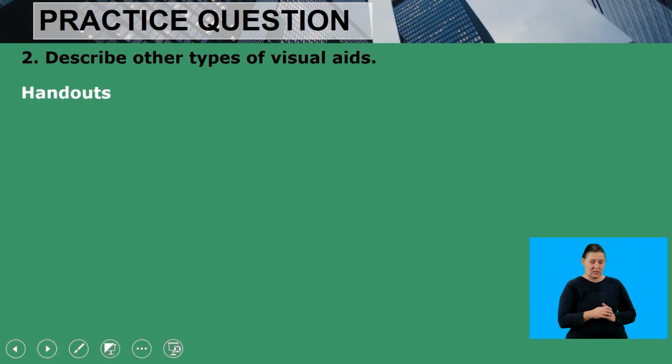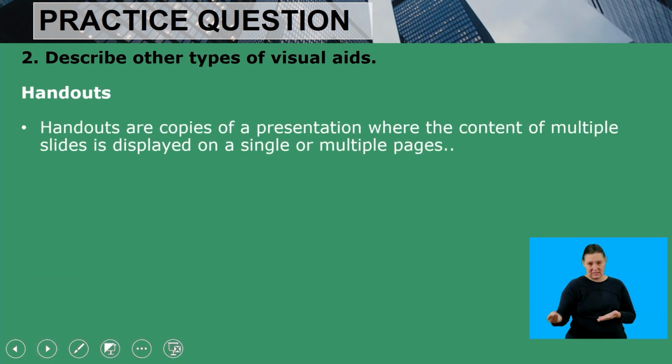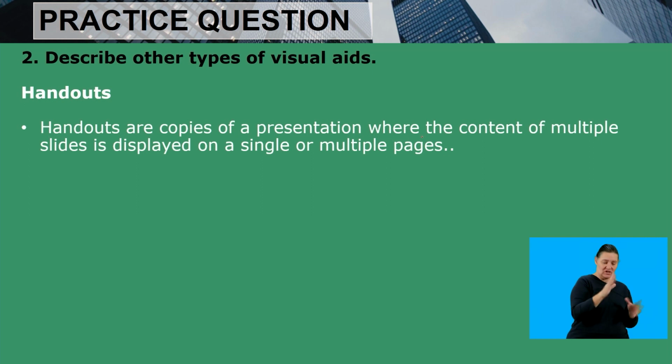Then, still on describing other types of visual aids, we have handouts. Handouts are copies of the presentation where the content of multiple slides is displayed on a single or multiple pages. So handouts, we are giving them out. It can be a single page, or it can also be multiple pages whereby we've summarized information about the presentation that has been presented to you.